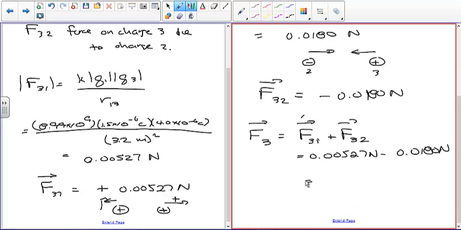And so the net force, 0.00527 minus 0.0180, you get that equal to negative 0.0127 newtons. Is that right? Yeah. So that's the net force on that one.